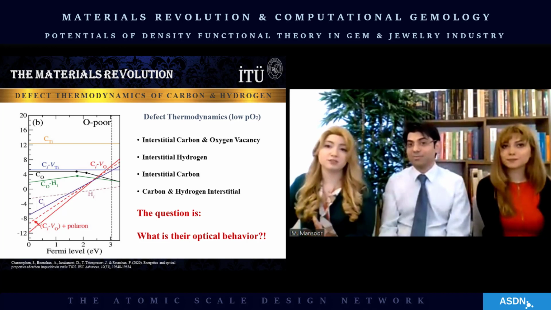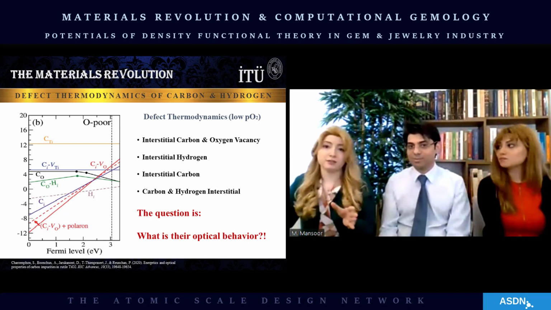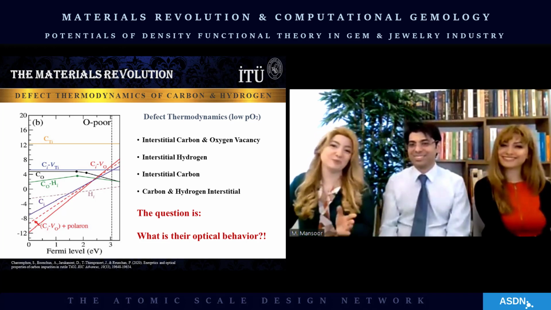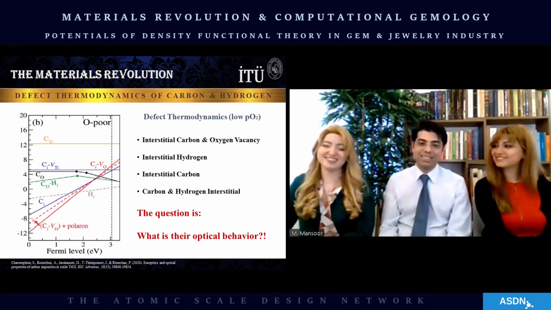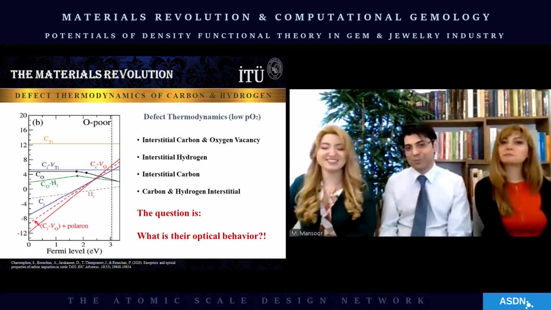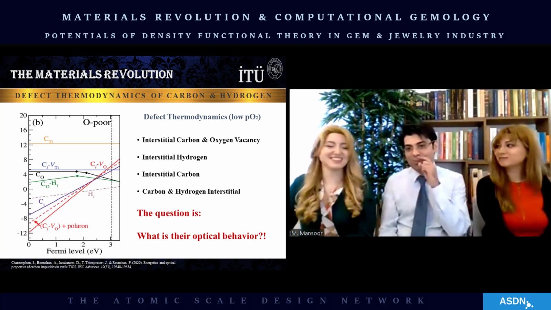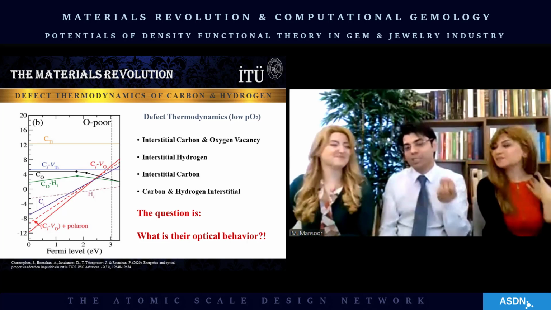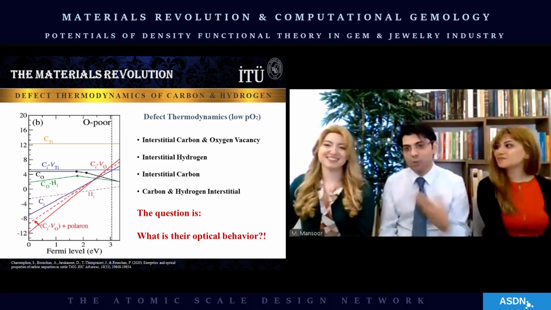Given the potentials of the defect we have discussed earlier, we thought it's worth it to calculate the optical behavior of all these defects. Maybe we can still use it despite our defect of choice not being the stable one. Yeah, so this is a very good example of what we were talking about in the informal part of this talk, because if we don't consider the defect thermodynamics, then having the optical properties of a single defect is quite meaningless.